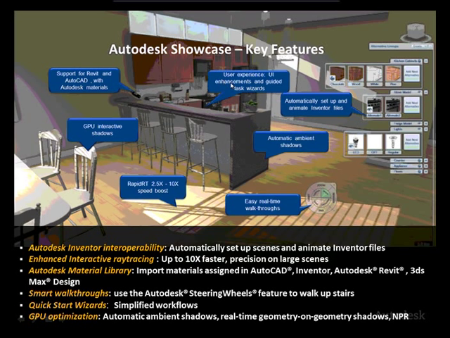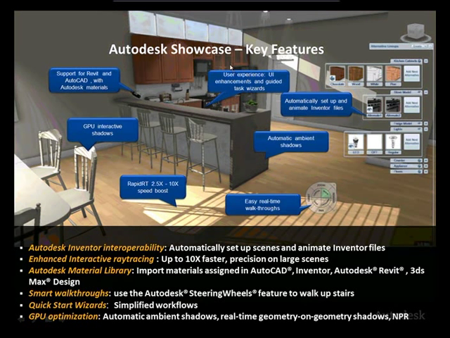They've given us a lot of wizards that we can run through to help guide us through using the Showcase software. Inventor, it will automatically set up animation files and shots, which we'll go through later on. And an important enhancement in this release is the fact that the ambient shadows within the rendered image are actually automatic. We don't have to wait for those to be created anymore.